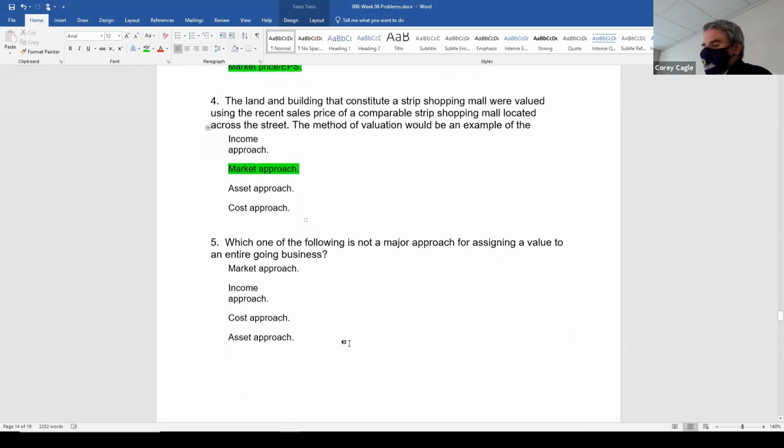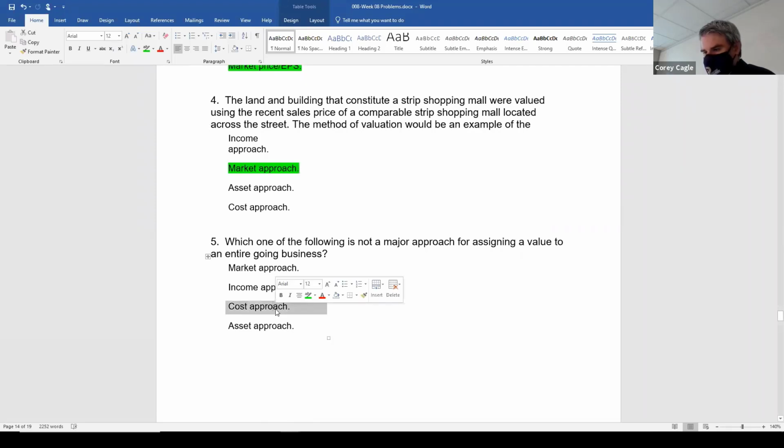Number 5, which of the following is not a major approach? There is no cost approach for valuing businesses. We mentioned the cost approach in that earlier section.